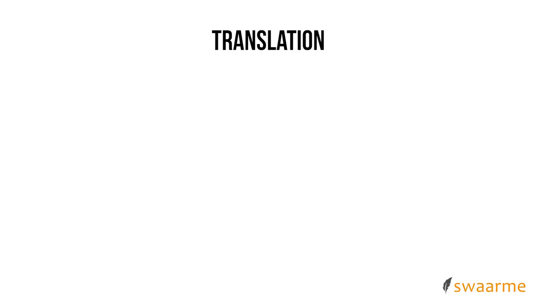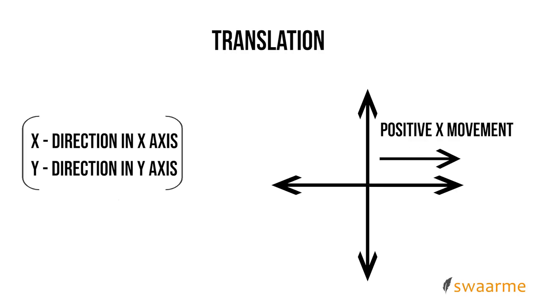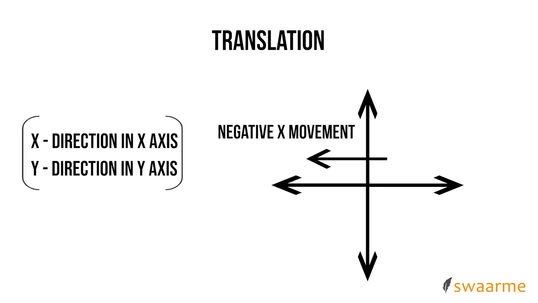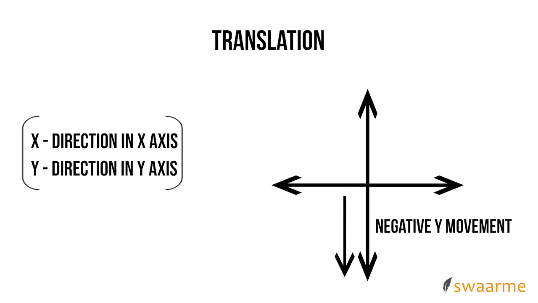Any translation can be written as a column matrix, (X, Y), where X represents a movement of X units in the X-axis, and Y represents a movement of Y units in the Y-axis. A movement to the right is defined as a positive X movement, while a movement to the left can be described as a negative X movement. Similarly, a movement up is described as a positive Y movement, while a movement to the bottom is described as a negative Y movement.